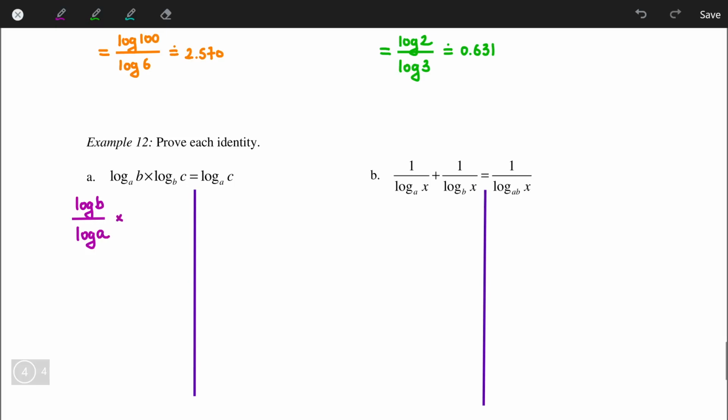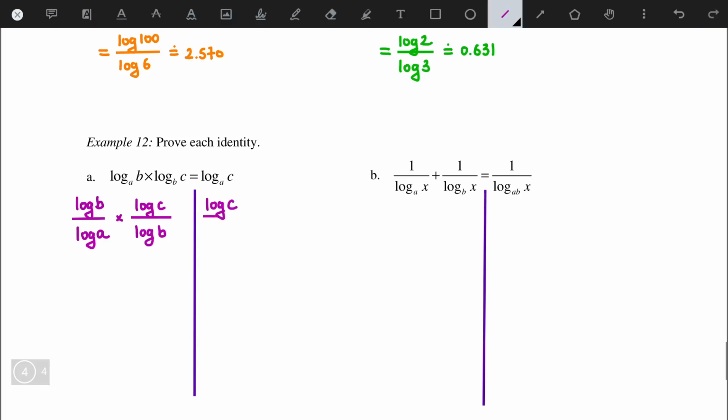And similarly, the second logarithm, of course, we can write as log c over log b using the change of base rule and the common logarithm. And on the right-hand side, we can rewrite the expression as log c over log a.